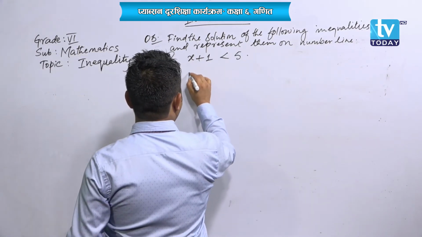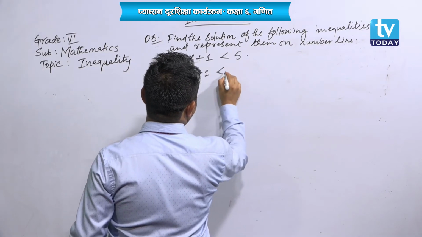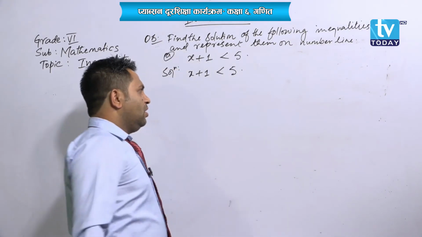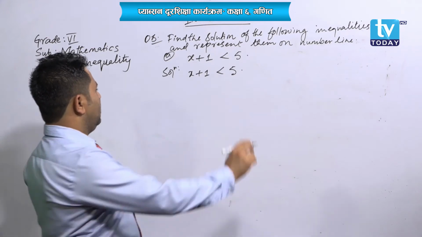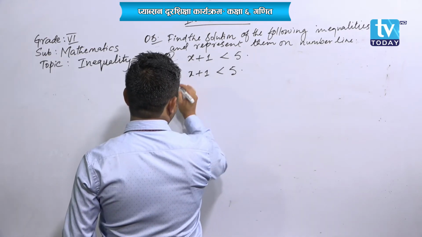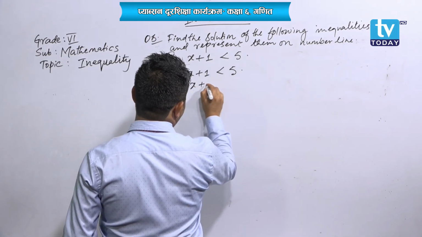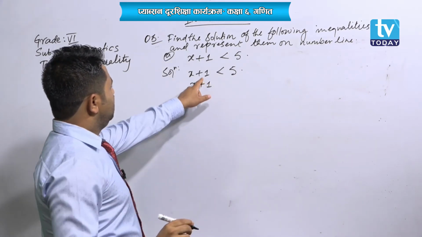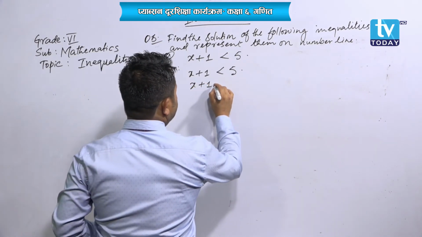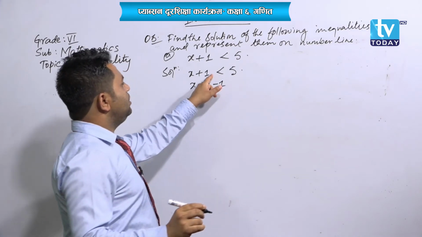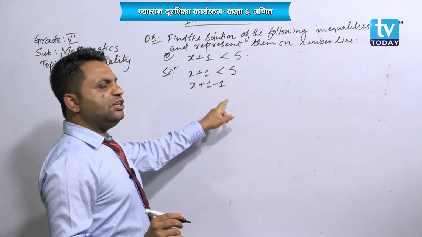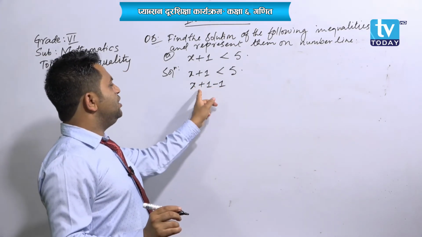So x plus 1 less than 5. Now our intention is to find the value of x, so we subtract 1. If there is plus 1 then minus 1, if there is plus 2 then minus 2, if there is minus 1 then plus 1.